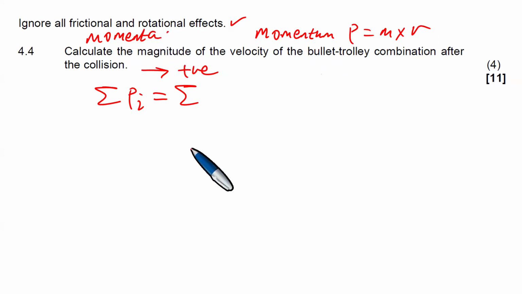So the sum before equals the one afterwards, which is the sum of all momenta before collision equals the sum of all momenta final. All initial momenta added together will equal the final momentum.